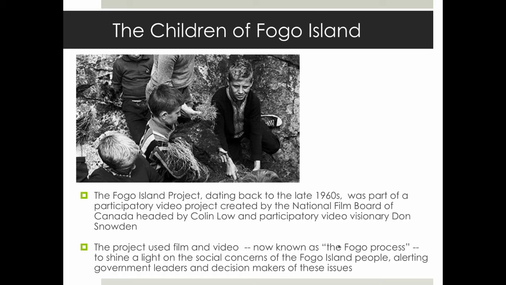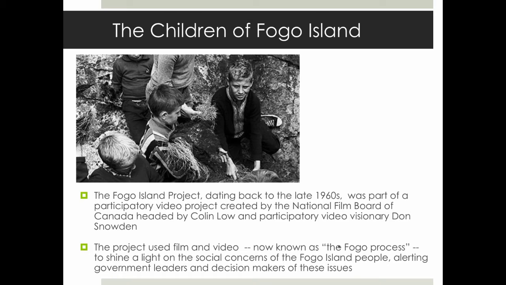That project, which went on for a number of years and also moved to the Arctic and other areas, used film and video, now known as the Fogo Process, to shine a light on the social concerns of communities, of community members. And the ultimate goal of this work was to have video and the voices of communities reach government leaders and decision makers to consider how these issues might be changed. So we think that's a very important component throughout the whole process.